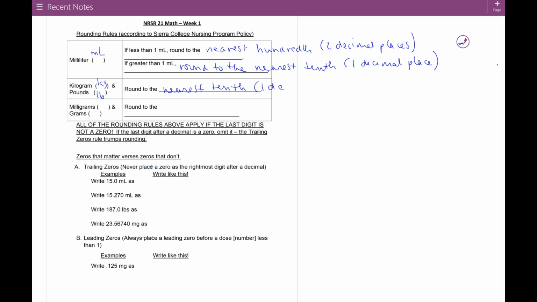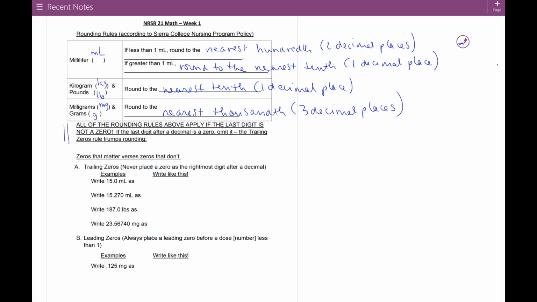Again, that's 1 decimal place. And then if you're working in milligrams, mg, or grams, g, all lowercase, round to the nearest thousandth. And that's going to be 3 decimal places.